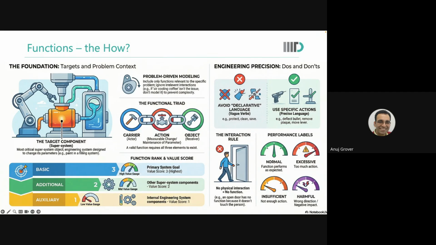It tells me what is the importance of that part. There is a keyword that we use for it. Value. The total functionality divided by the cost. And I will be able to arrive at value. So I will be able to associate value with my components if I rank my functions well.